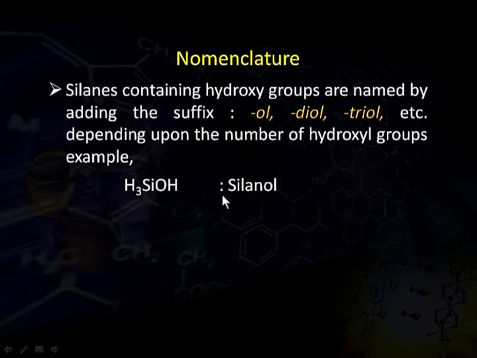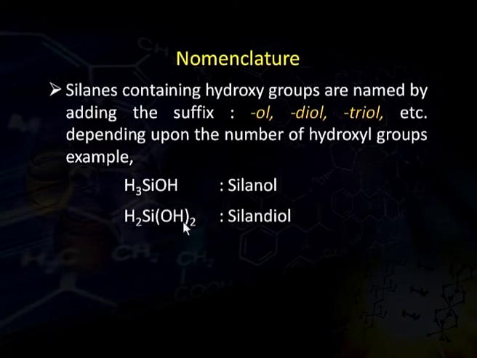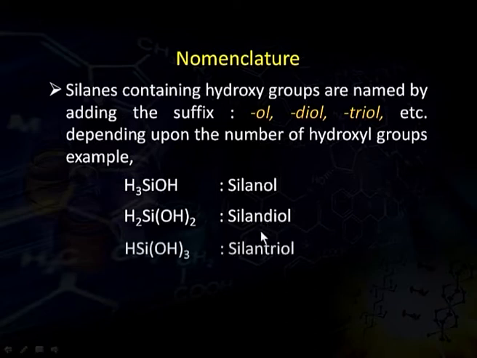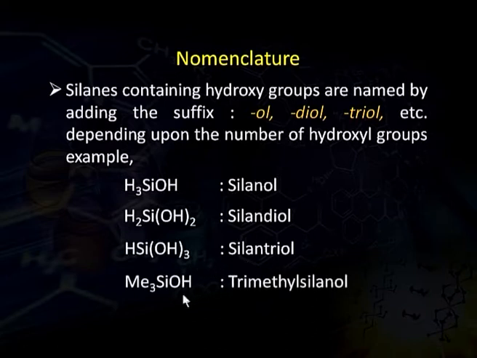In this case we have methyl and OH, both the parts are there, and we know the methyl substituents or alkyl substituents are used in the prefix, while the hydroxy substituents are used in the suffix. So, the name would be tri, because 3 methyls are present, trimethylsilanol. Oxy derivatives are named as siloxanes.